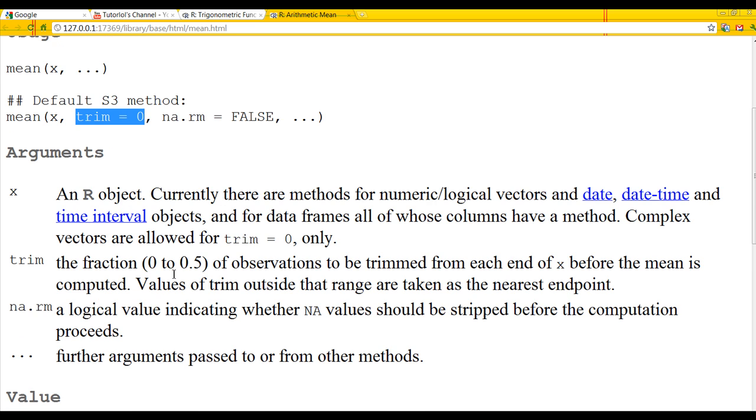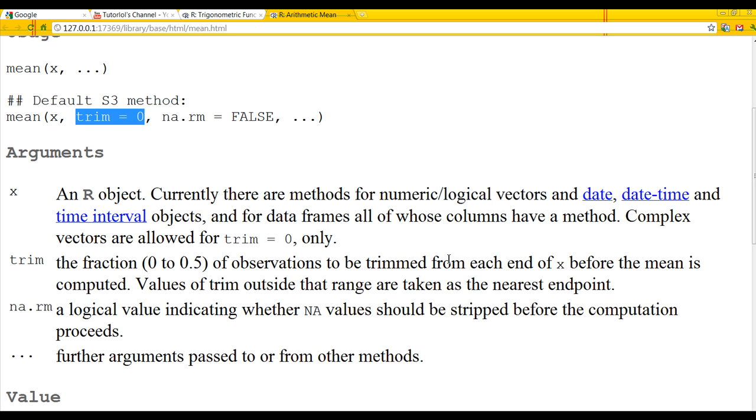So these are the so-called arguments for this function. So this first one is an R object. Currently there are methods for numeric logical vectors and date, time. I can't imagine how you could do a logical vector. But anyway, for data frames for all the whose columns have a method.